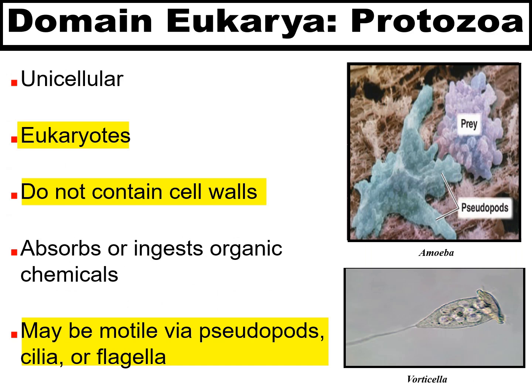In this course, we will discuss several groups found in the domain eukarya: protozoa, fungi, plantae, animalia, and algae. The protozoans are all unicellular eukaryotic organisms that do not contain cell walls. Protozoans acquire food and escape danger using three types of motile structures. The three major motile structures are pseudopods, cilia, and flagella.